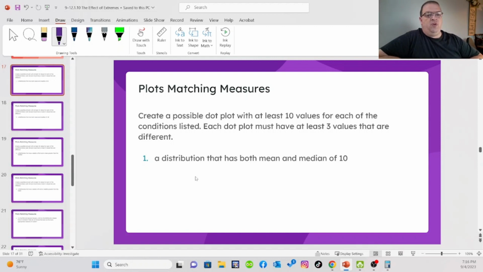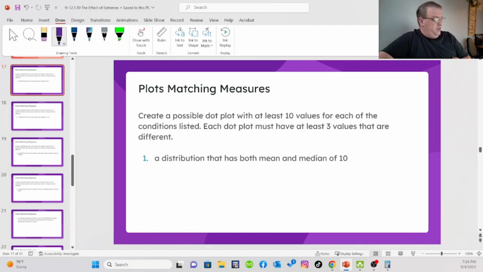All right, if you are at home watching this, let's go through and describe what each one would have to look like in order to fit these descriptions. So for number 1, it says they want a distribution that has both mean and median of 10.